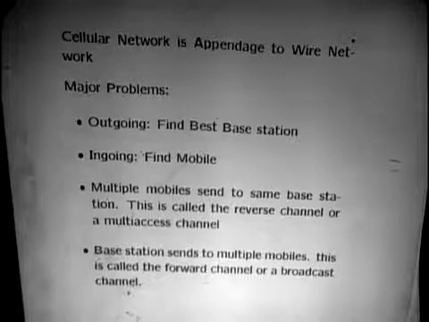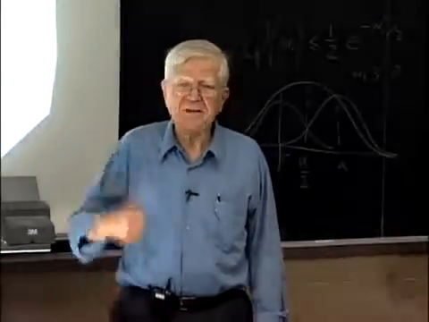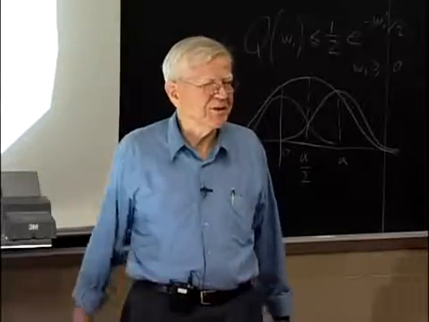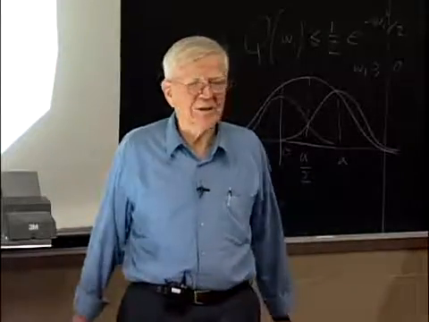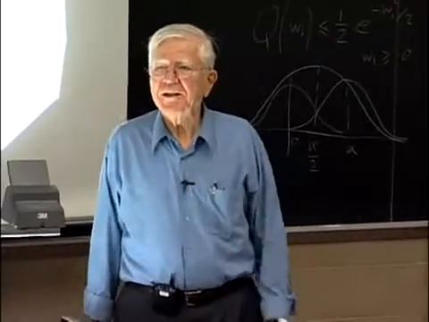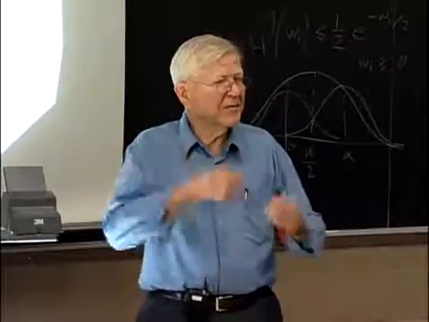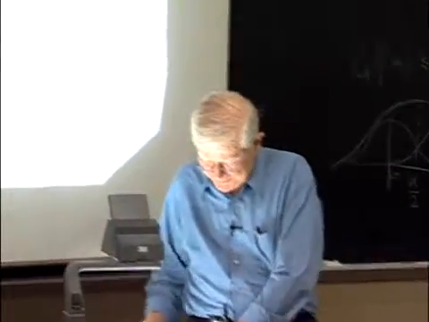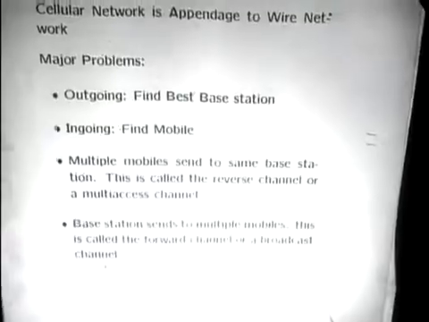That happens with all of these cellular networks all over the place, and every time somebody turns on their cell phone, there's a lot of stuff going back and forth that says, who is this guy? Does he have the right to talk? Has he paid his bill? And how do I find a base station for him to use? So both these questions are kind of difficult.